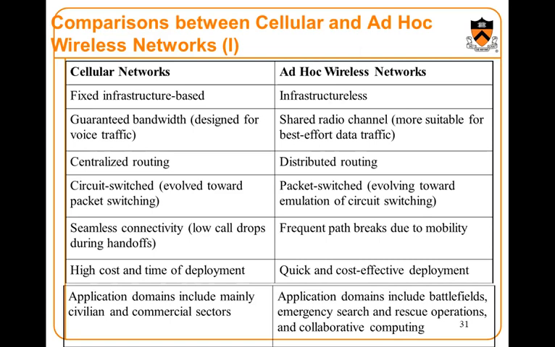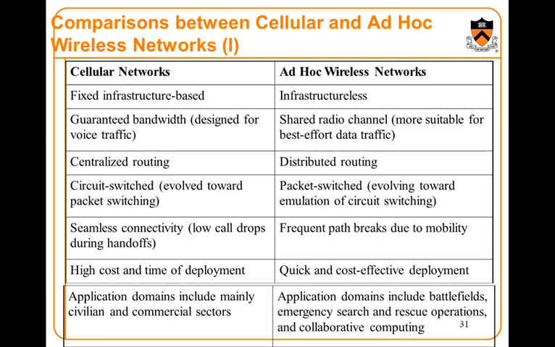When you move from one point to another, first you have to discover those neighbors and only then establish a connection with them. In a cellular network, we have a very high cost and a very time-consuming job when we deploy these networks, while ad hoc wireless networks are quicker and more cost-effective as compared to the cellular network.